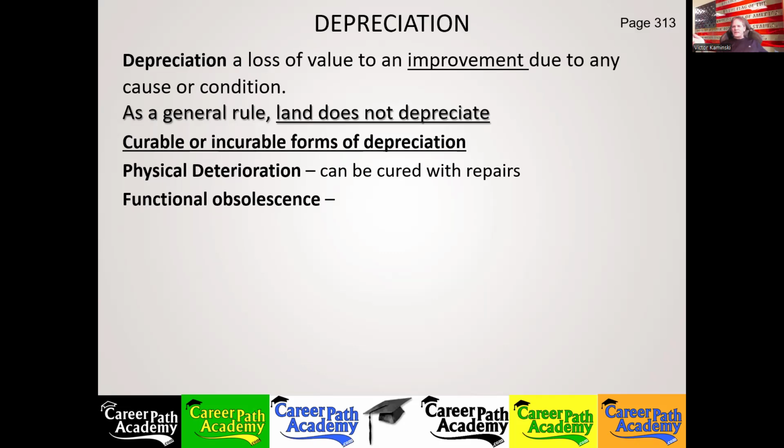It's old and outdated, right? But it still works. It's functional, but it's outdated by today's standards. Let me give you an example when it comes to real estate, something that's functionally obsolete. A 5-bedroom, 1-bathroom house.